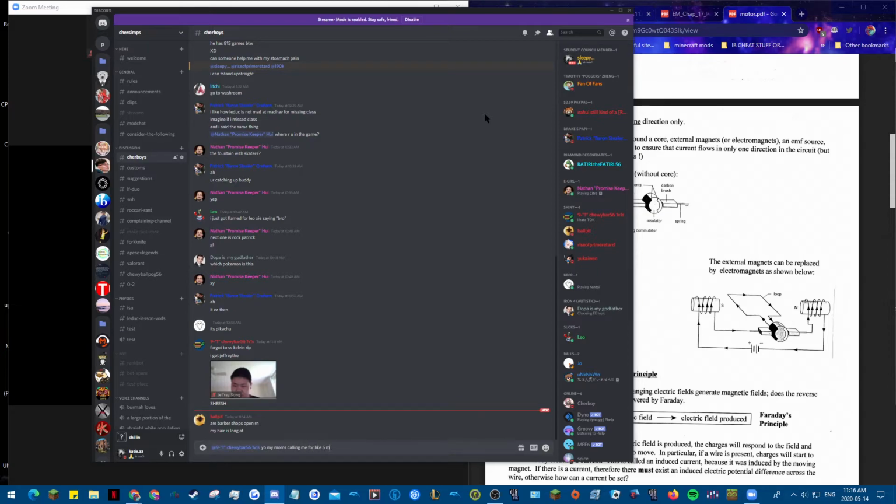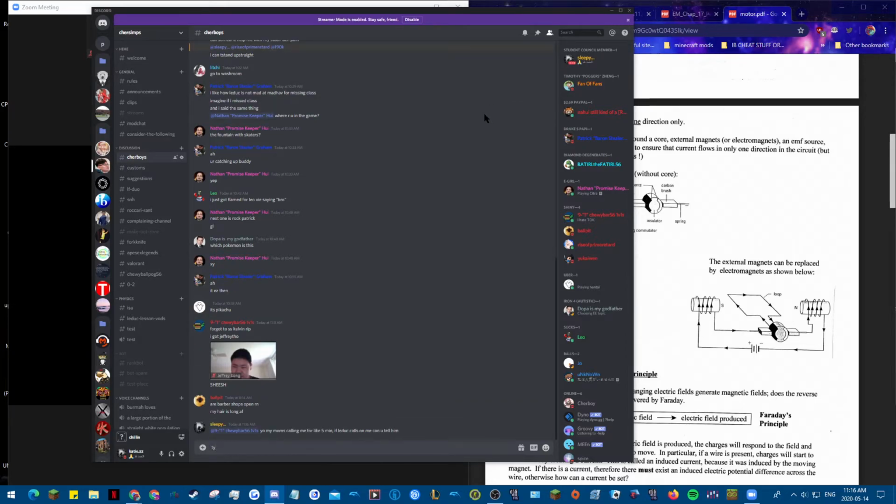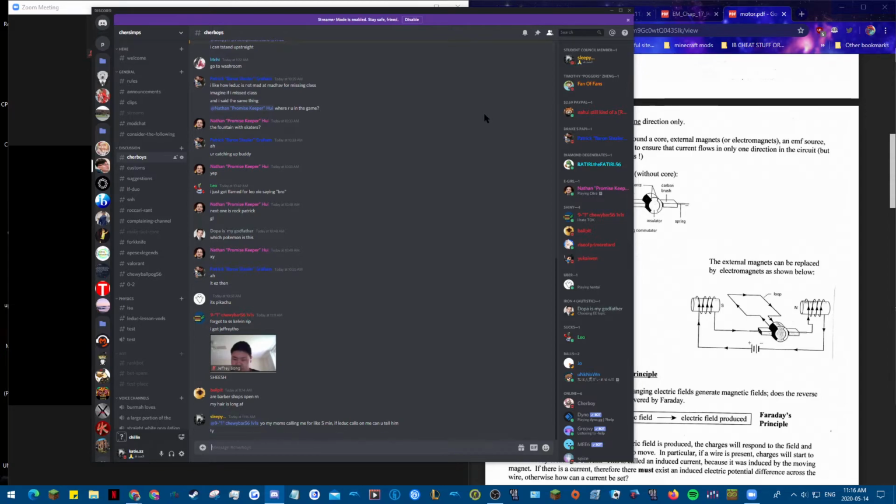It's a brush here, and this is connected to the positive side of the battery through this little wire here. So this brush here is connected to a wire, and the wire itself is connected to the negative terminal of the battery. Okay.